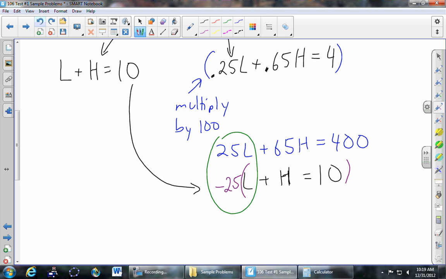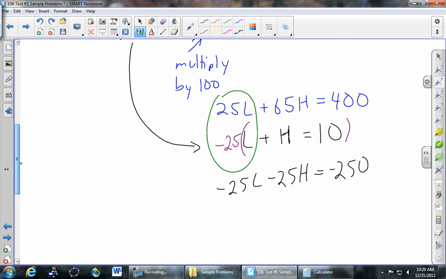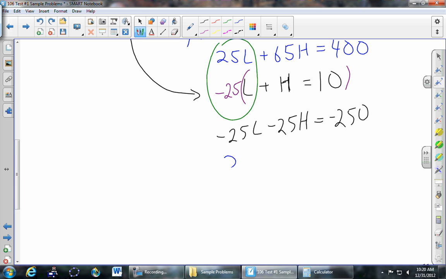So distributing that negative through gives me negative 25L minus 25H equals negative 250. I'm going to copy that blue equation right down here below.